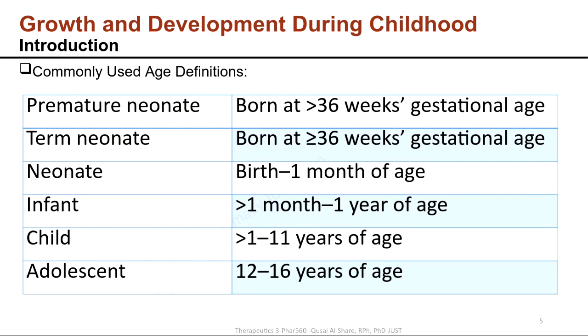So again, we have premature neonate, did not reach 36, term neonate, neonate, infant, child, and adolescents. So everybody from about 36 weeks all the way up to 16 years, we will consider them pediatric patient population.